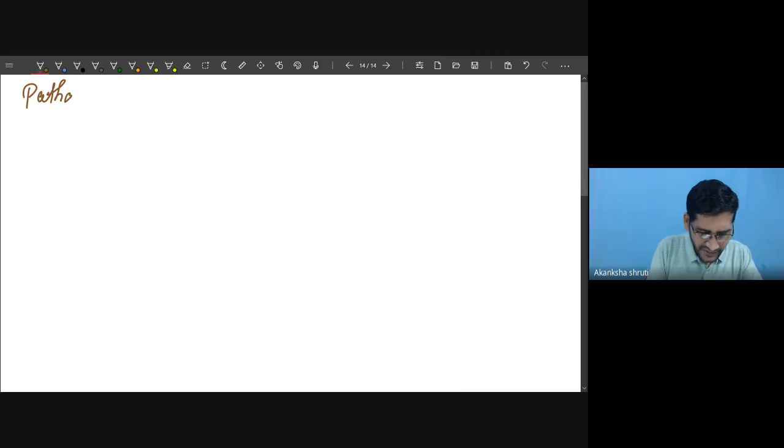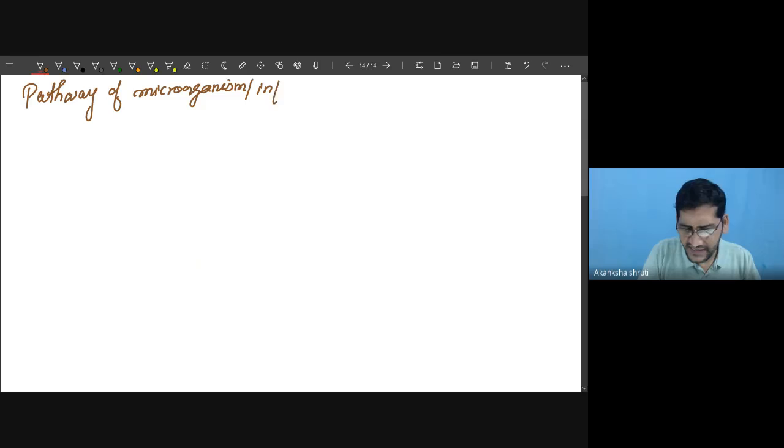Pathway of microorganism or infectious agent or pathogen, to cause the harm.